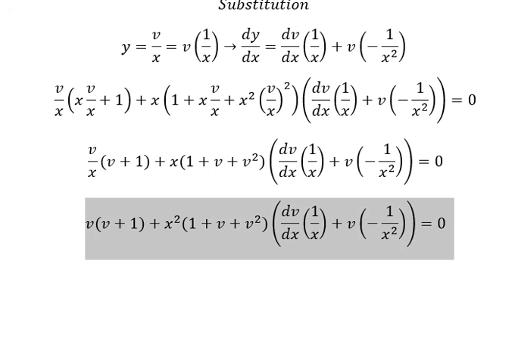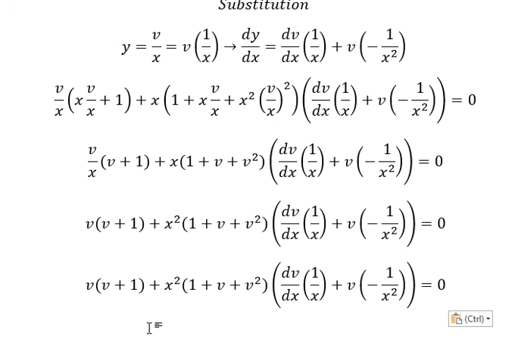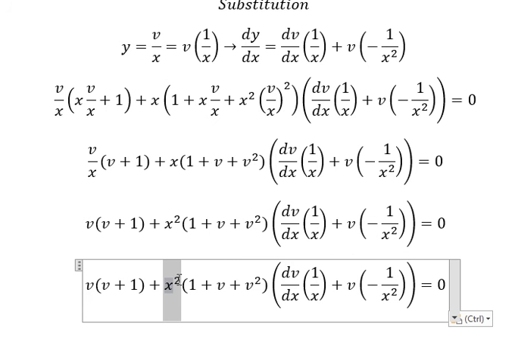Next, about x squared, we multiply for this one.